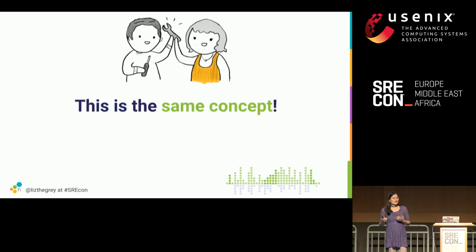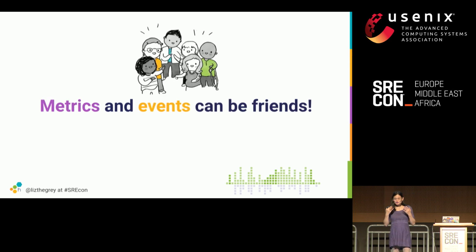But guess what I've been telling you? What I've been telling you is about the idea of sampling your events, multiplying them by a count. It turns out this is the exact same concept: an exemplar attached to a distribution is the same as a sampled event with a probability that's been multiplied by. So metrics and events can be friends, right?